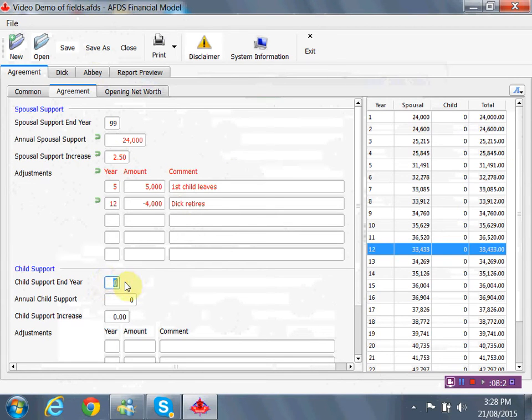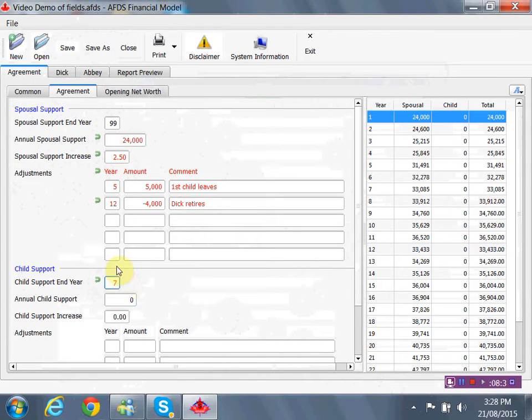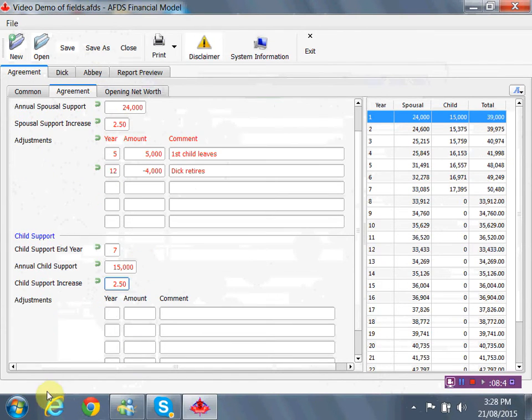Here, the end of the child support would usually be when the last child is done. So if you put whatever year the last child's going to be done and put in a figure for the child support again, you're going to see that. If the indexing is applied, you see that. And when we see year 5, things change again.